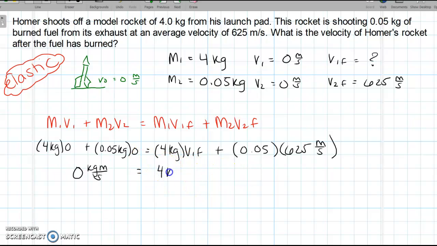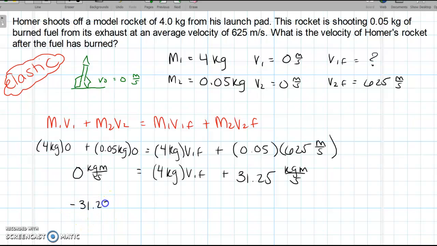So let's go ahead and solve this stuff out. So we have 0.05 times 625, so that gives us a momentum of 31.25 kilogram meters per second. So in order to solve for V1F, I got to move this from both sides. So subtract by 31.25 from both sides.